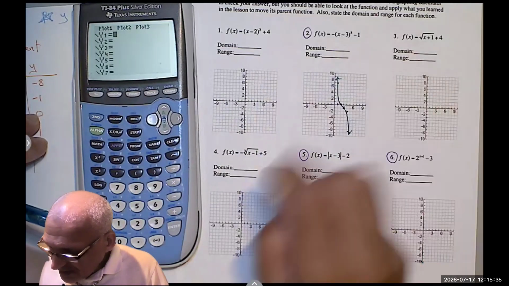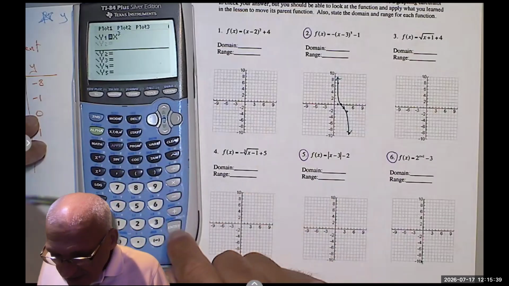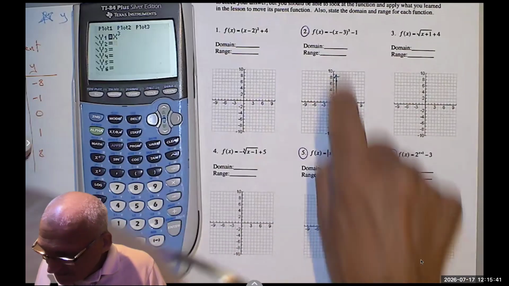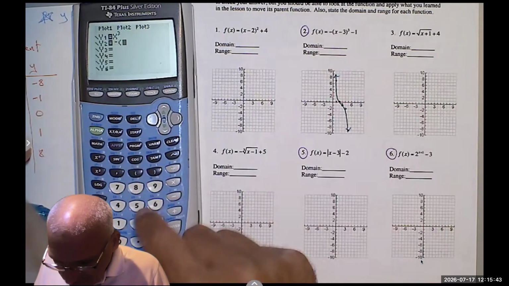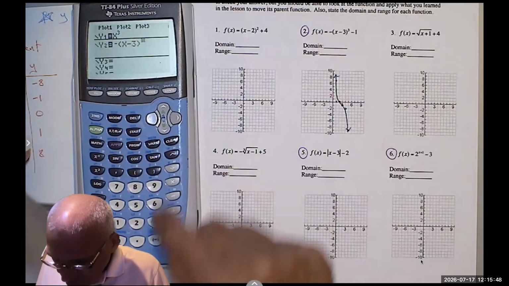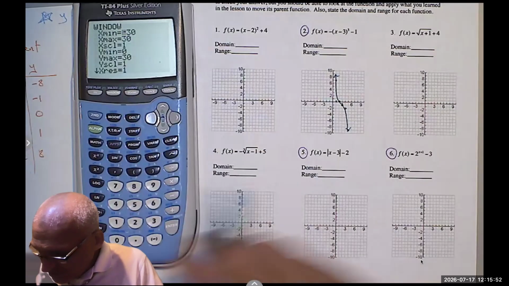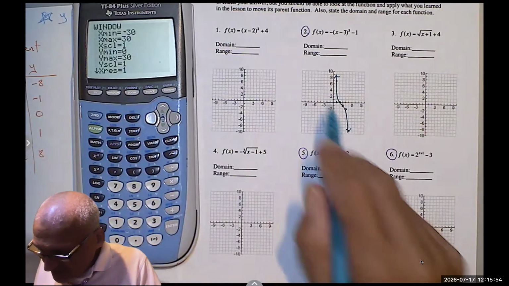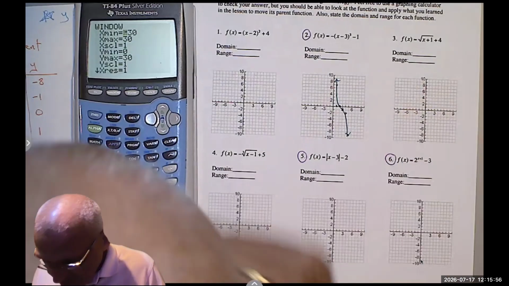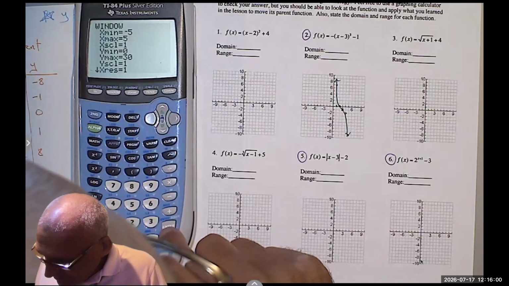So the original one was x cubed, and this one is negative x minus 3 cubed minus 1. For the window, I will go, say, from -5 to 5 or something.